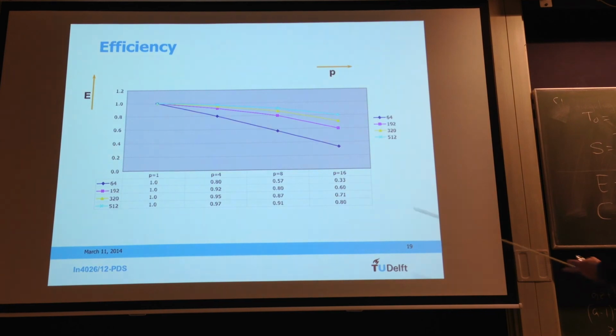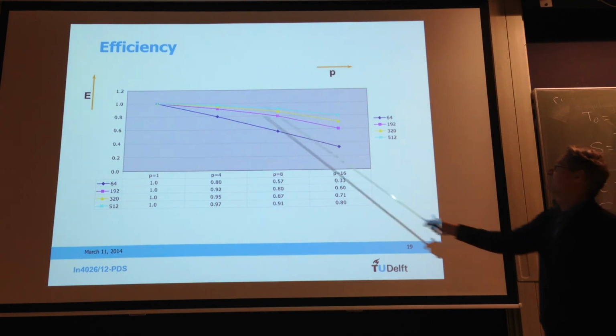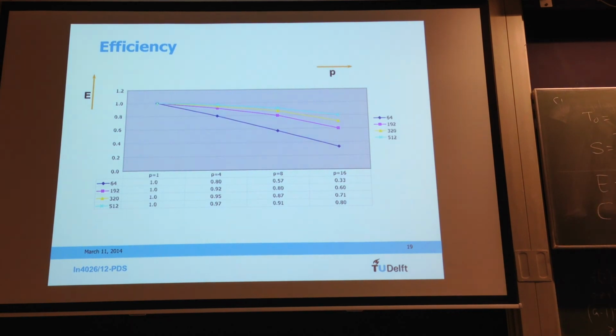Now you see that for this one, the efficiency drops faster than for this one. But there is a peculiarity in this graph and these numbers. Can anyone see that? Because this is the efficiency, these numbers. There's something which is a bit peculiar.